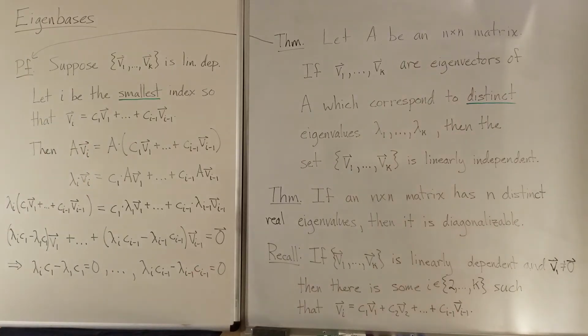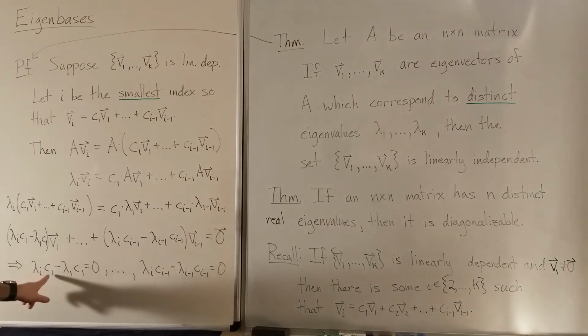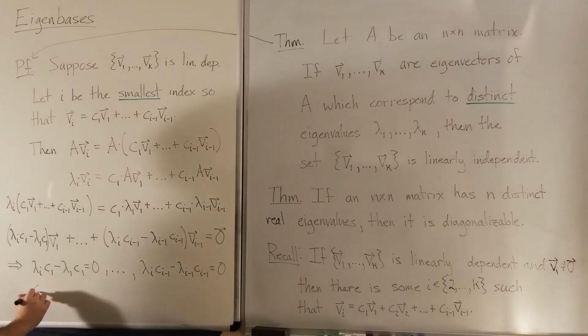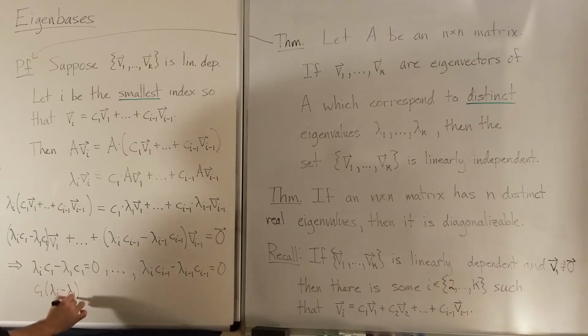So each of those coefficients must be 0. And I'm going to factor out these c sub whatevers from each of these terms. So this one is c1 times (lambda_i minus lambda_1).